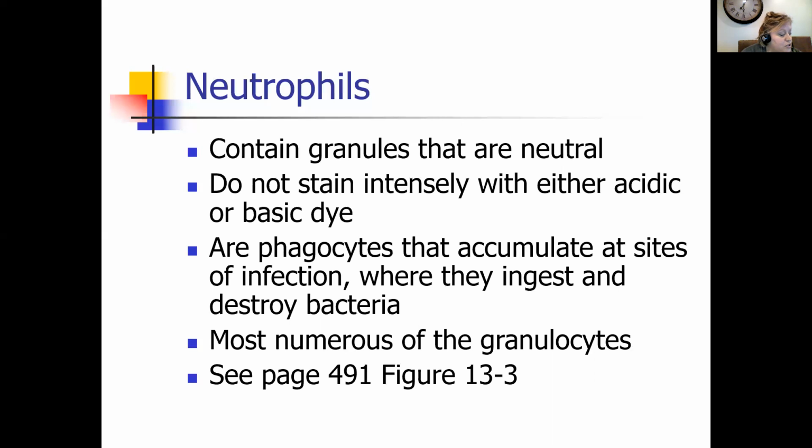And the neutrophils, if you look at that percentage, 50 to 70. So a big chunk of our white blood cell count comes from the neutrophils. And these are the ones that have the major role in fighting bacterial infection, and these are the phagocytes. So these are the 3 granulocytes.